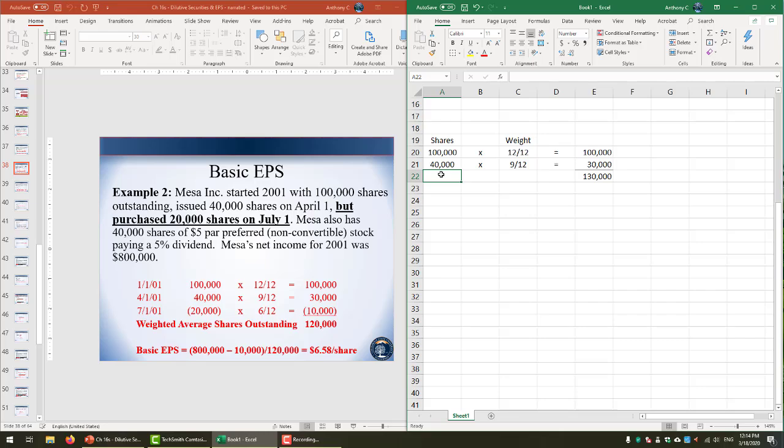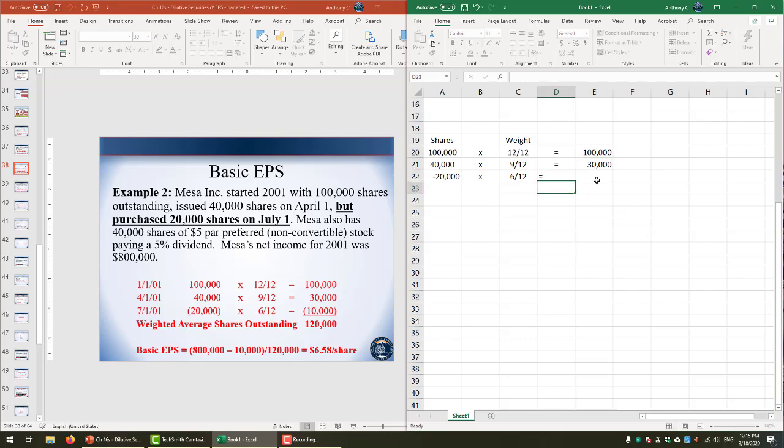Since it's a stock repurchase and it reduces the amount of common stock outstanding, we'll put in negative 20,000 for the shares. These 20,000 shares were repurchased on July 1st, so from July 1st until the end of the year is half a year. So it'll receive a weight of 1/2, or 6 out of 12 months.